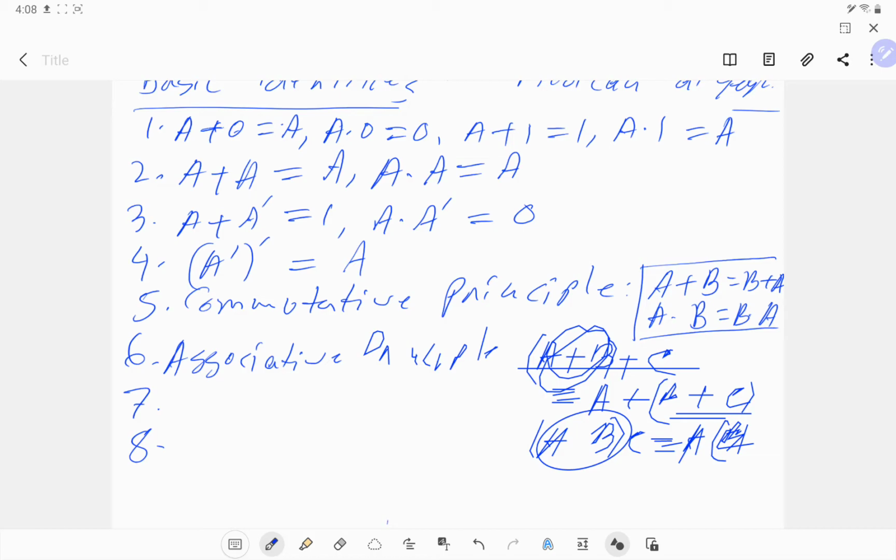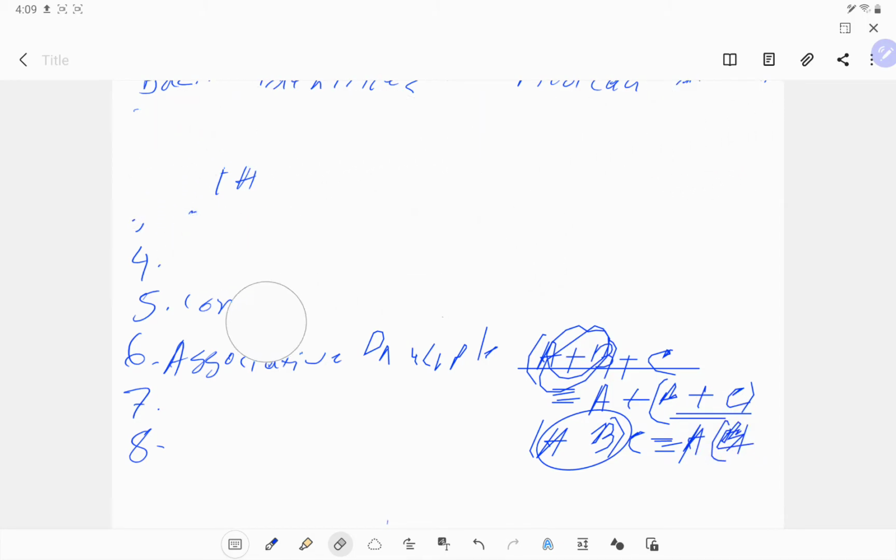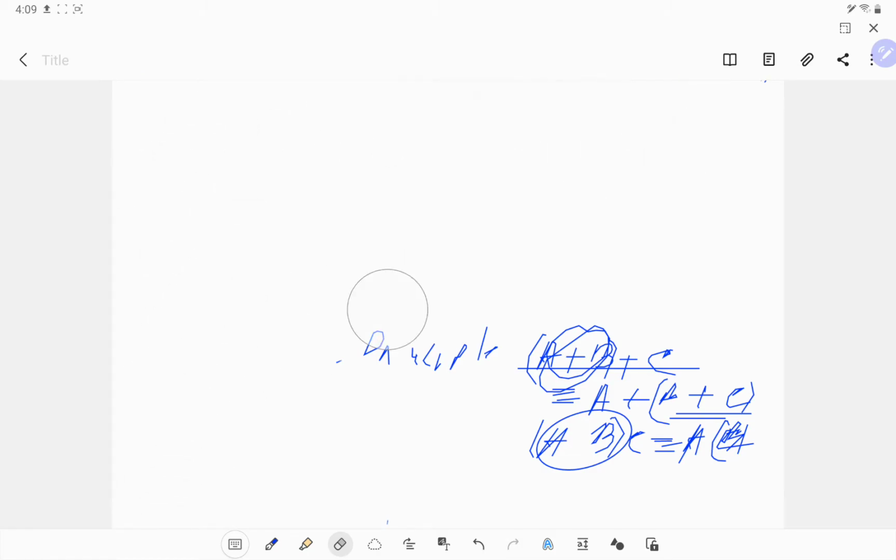The seventh principle we call the distributive principle. Okay, let's create some space here. So the seventh one is the distributive.